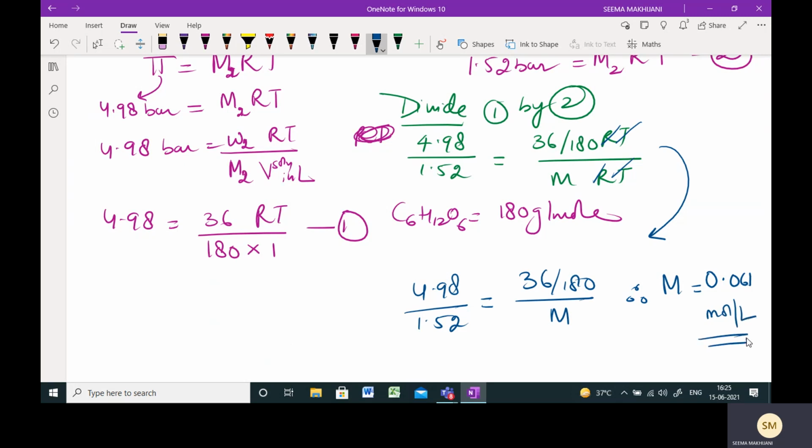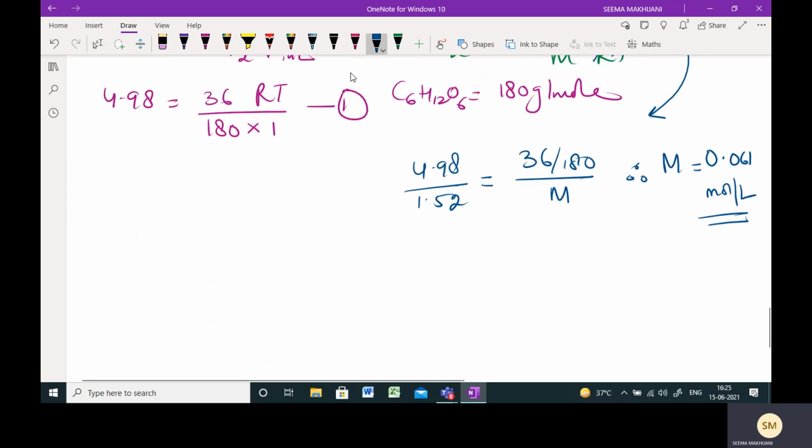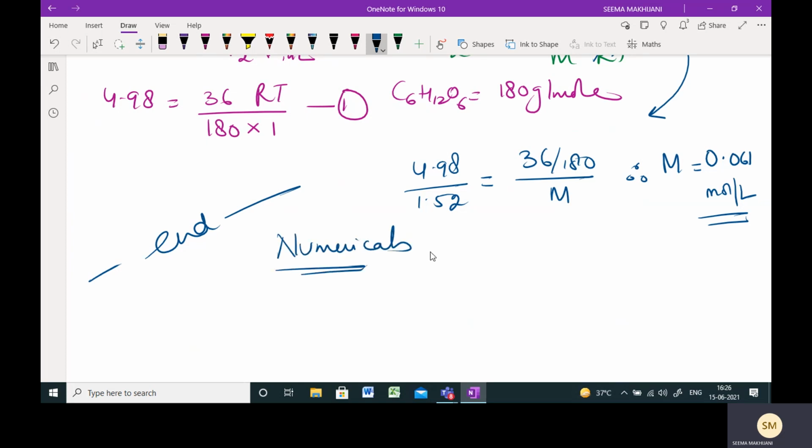So in today's class, we've solved a few numericals of solutions and I end my class here, wishing each one of you all the best, awesome life ahead. Please start practicing numericals. Don't be scared of the numericals. All your numericals have got a weightage of formula. You get marks for the formula. Then you have substitution of the values.